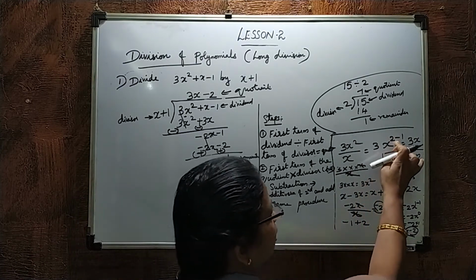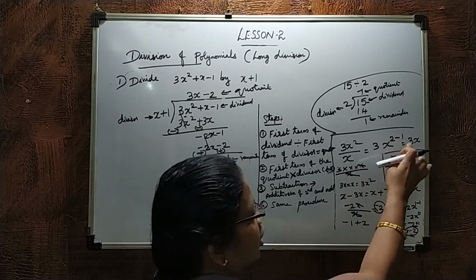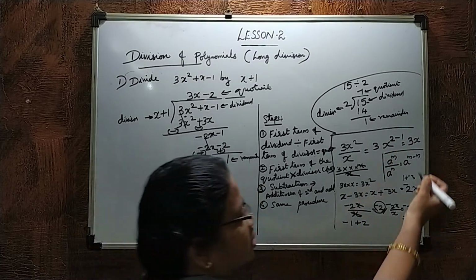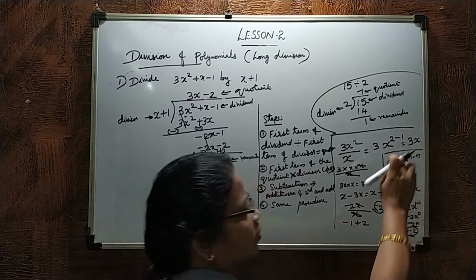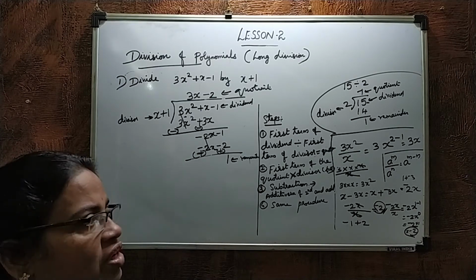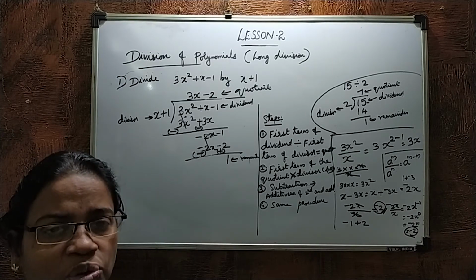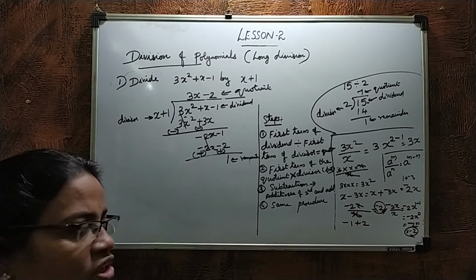So it is 3 into x raised to 2 minus 1, which is x raised to 1. This exponent 1 is not needed, because we already understood that. When something raised to 1 is there, no need to write the 1. The variable alone is enough.